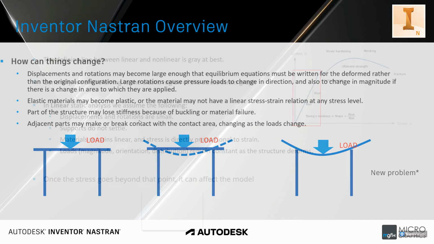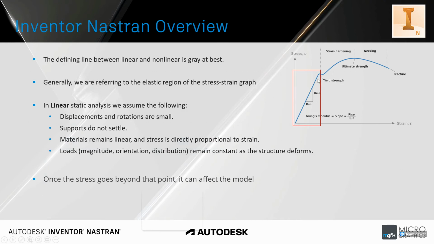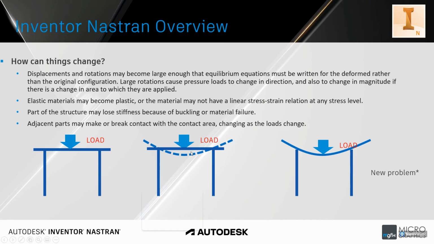Now, if it's within the elastic region, that deformation is fairly small and shouldn't affect the resulting increase of load. So we can still assume if it's very small deflection, a very, very tiny slope, we can still assume that it's 2 uprights and 1 horizontal and that the model hasn't changed.